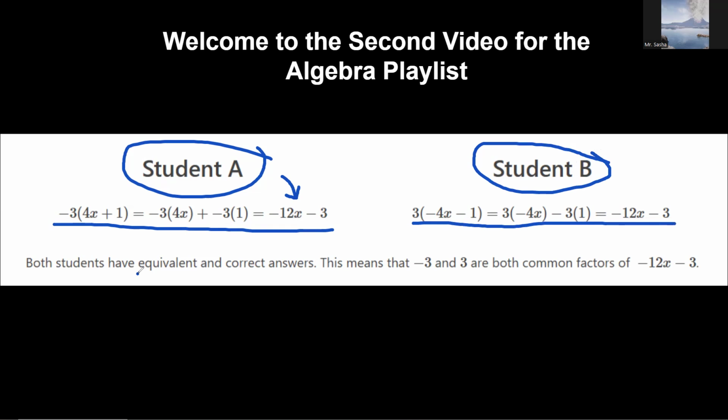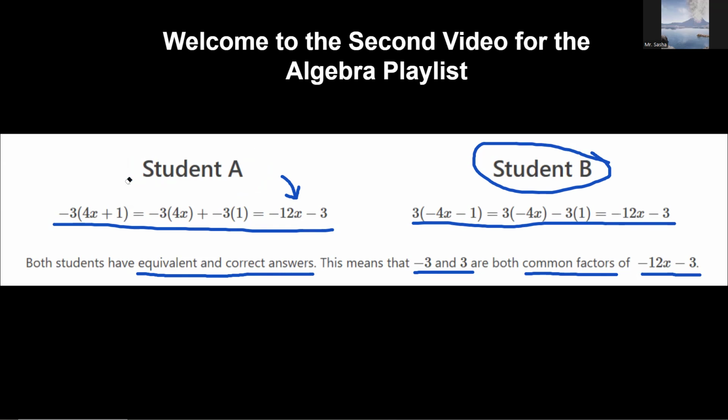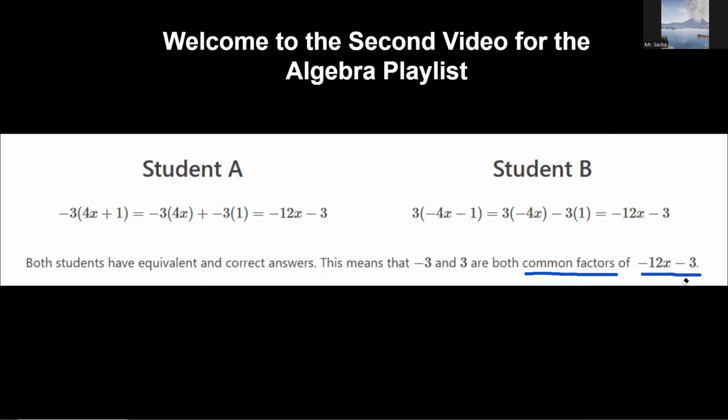Both students have equivalent and correct answers. This means that 3 and -3 are both common factors of -12x minus 3. Okay? You get it? Now let's move on.